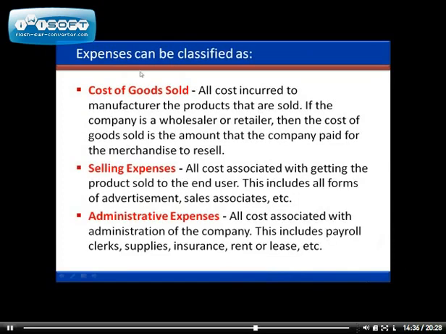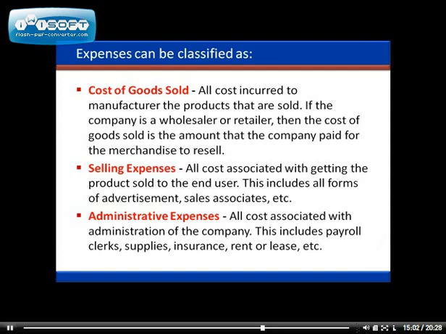Cost of goods sold. Expenses can be classified in basically three different categories: cost of goods sold, selling expenses, and administrative expenses. Cost of goods sold is basically all costs incurred to manufacture the products that are sold.